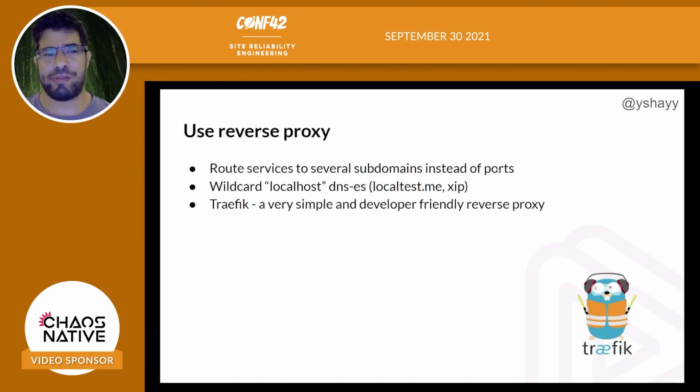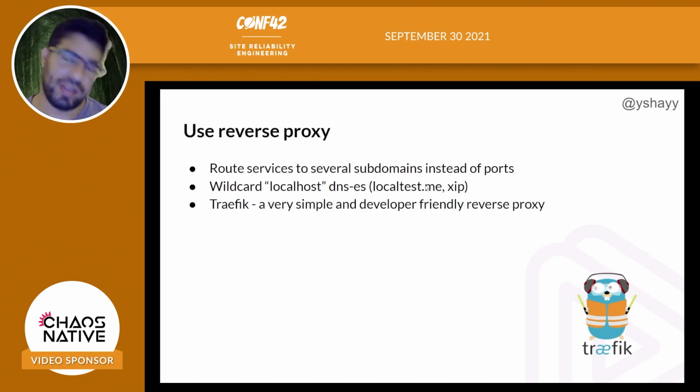I showed the example of using a reverse proxy. So instead of using ports, which are shared, we don't want to exhaust them. I'm using a wildcard, and also it's more convenient to use subdomains than numbers. I'm using a wildcard localhost DNS. So basically localtest.me, or there are other domains like xip, are domains where every subdomain is going to point to our localhost.